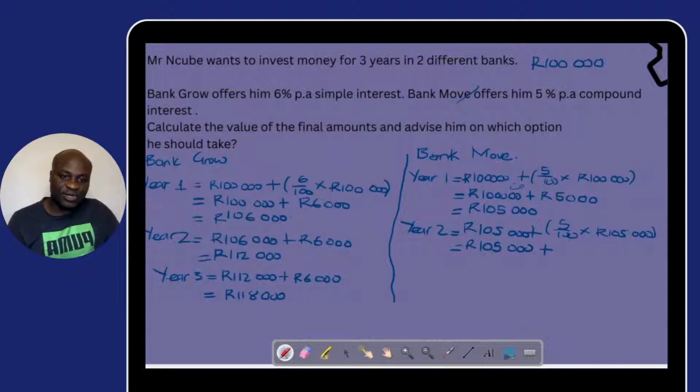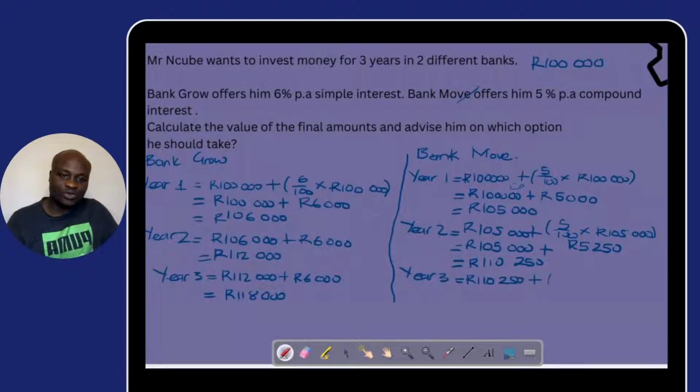It's 5,250 from our calculator. And when we add that together, what will be the balance for year number 2? It's going to be 110,250 rands.